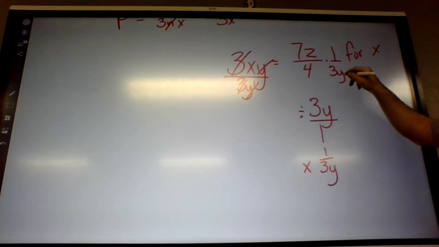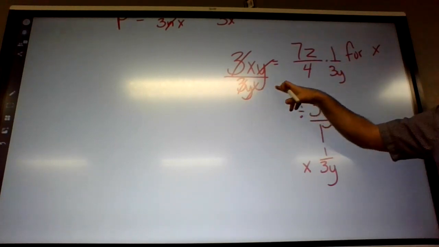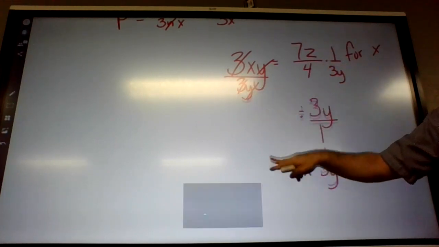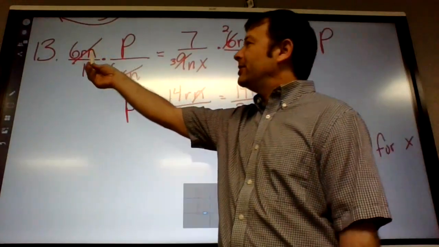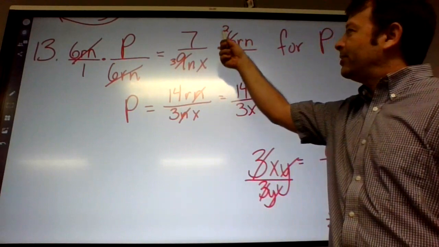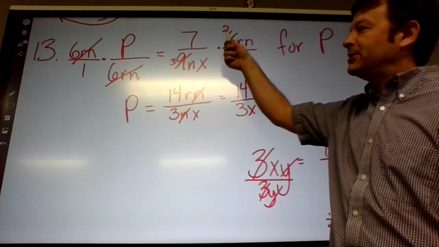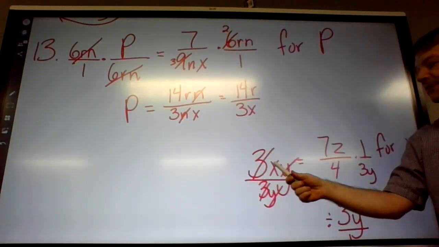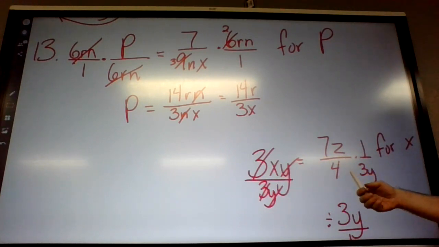So the 3y just goes on the bottom. Last problem, we multiplied by 6rn, and it went on the top of the fraction. And then sometimes if you have to divide, it'll just end up going on the bottom.